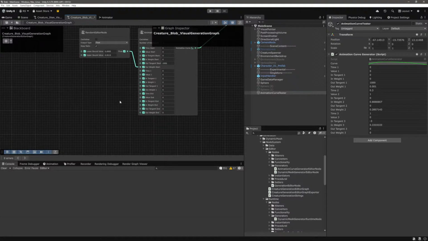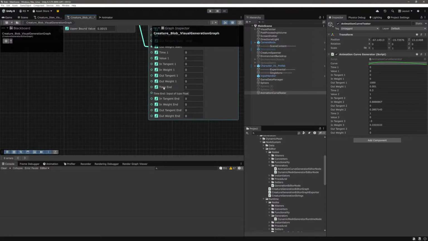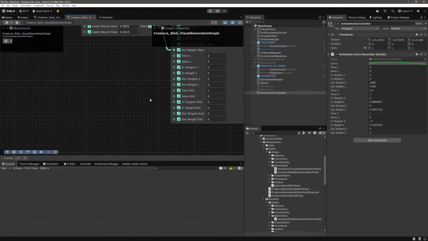Okay. Let's see. Time end 1, value end 0, in tangent 0, 0, 0 here. Okay.